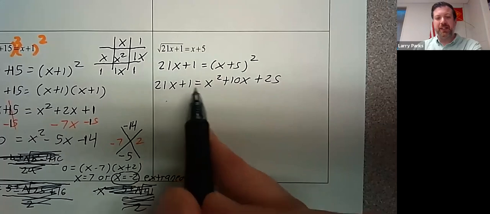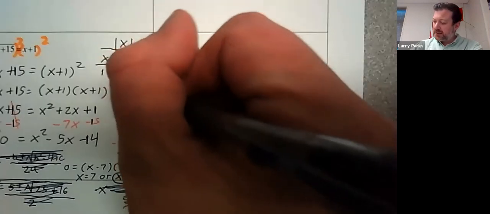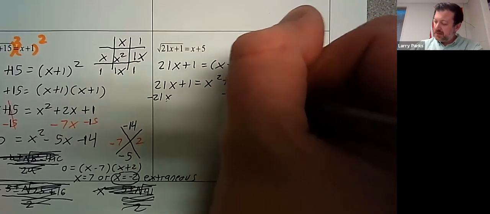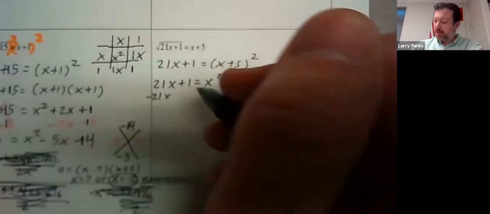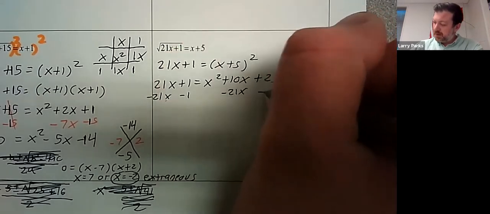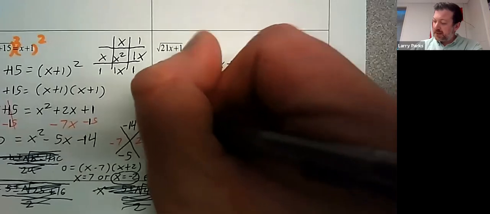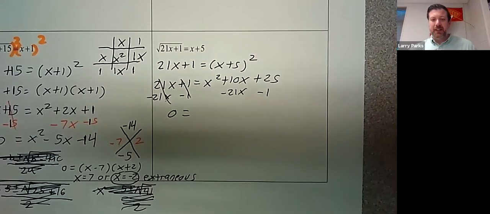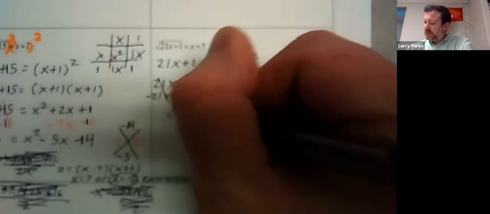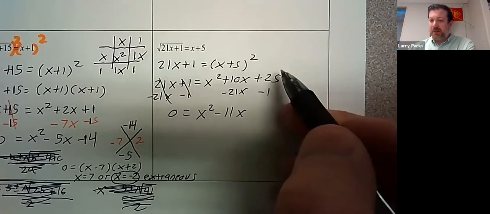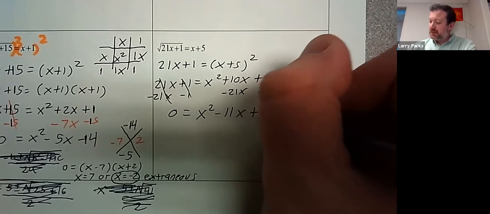You will then move everything to one side, minus 21x, minus 1. Bye-bye. You get 0, which is what you want in a quadratic. 10 minus 21, negative 11. 25 minus 1 is 24.